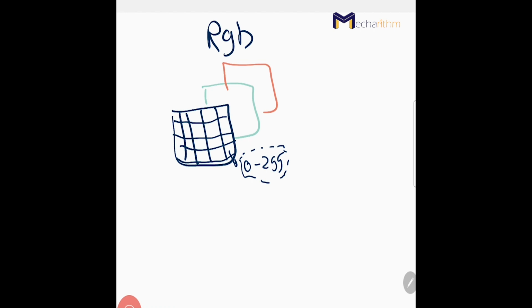The same thing goes for the green matrix and also the red matrix. So it is logical to say that since these elements represent features, we can take them as the inputs of our new algorithm. So how are we going to do that?